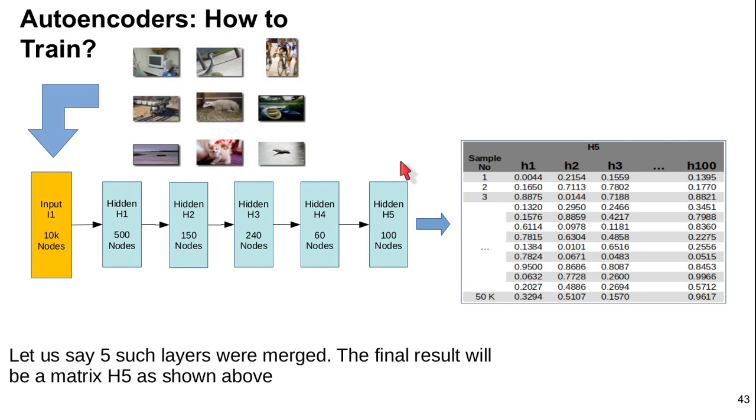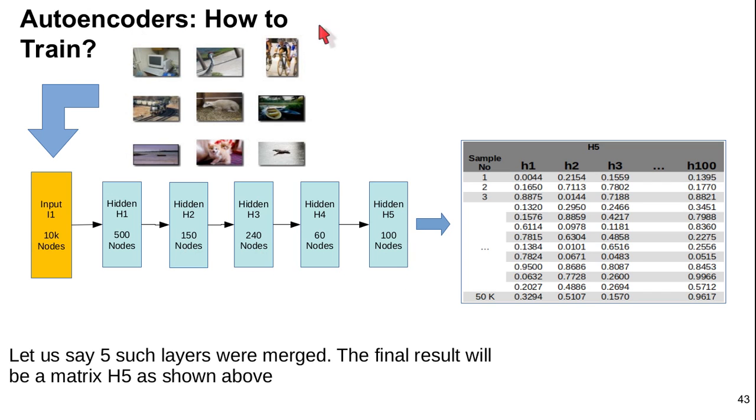Let us assume that a system was built with 5 such hidden layers being stacked together. Each of the hidden layers would have been trained by using an autoencoder. And let's assume that hidden layer H1 had 500 nodes, hidden layer H2 had 150 nodes, H3 240 nodes, H4 60 nodes, and H5 100 nodes.